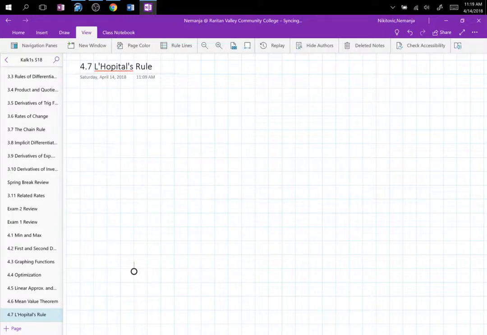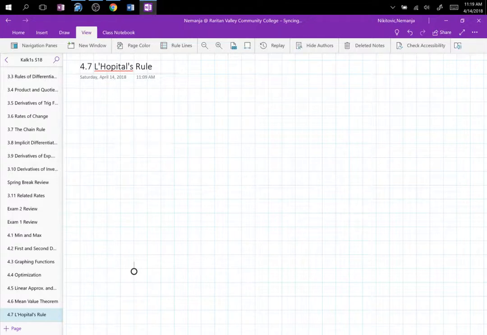But in some cases, you would get 0 divided by 0, and I told you that that method failed. In some cases, for your horizontal asymptote problems, when you plug in infinities, you get infinity divided by infinity. So this rule is designed to deal with those types of situations.